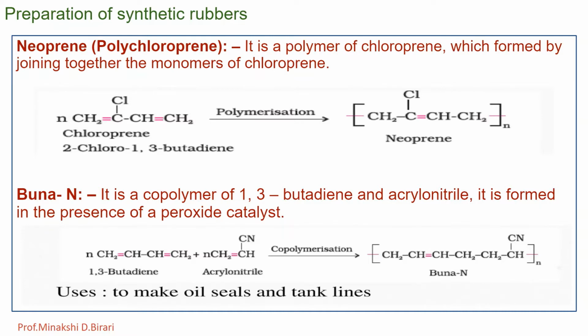The most important synthetic rubber is a copolymer of butadiene and styrene. This rubber is called SBR, styrene butadiene rubber, or GRS, government rubber styrene. Already in previous lectures we have studied in detail the manufacture of SBR or GRS rubber, and also its properties and uses.